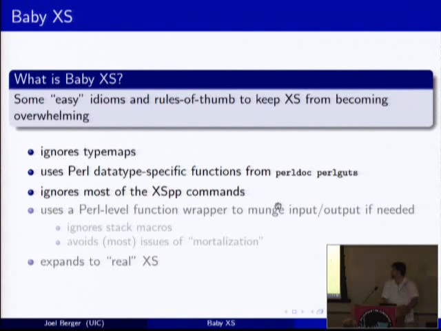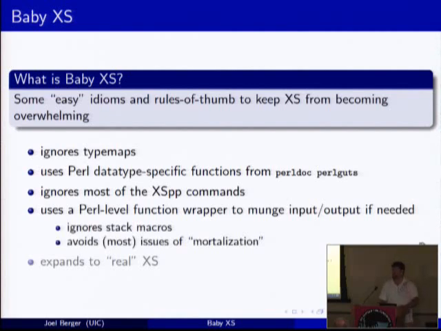We're going to ignore the preprocessor as much as we can. You can actually ignore it just a little bit more, but there are reasons I don't want you to do that. I'm going to suggest that you always use a Perl level wrapper for your C level function. You don't technically have to, but it'll be easier for you at least right now.